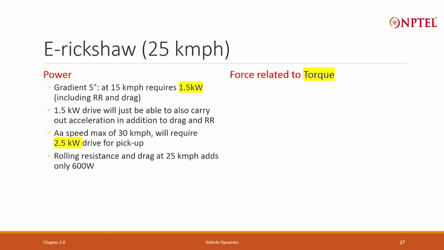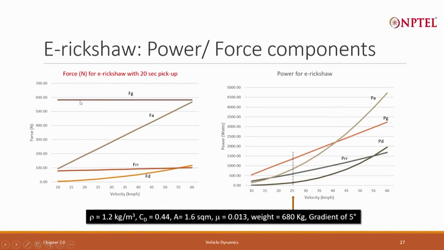I want to again point out, force is related to torque, and this is where you will find the problem. In an e-rickshaw, the gradient force is very large. Because gradient force is very large, if I take climbing, torque requirement goes to approximately 580 Newton multiplied by the wheel radius.